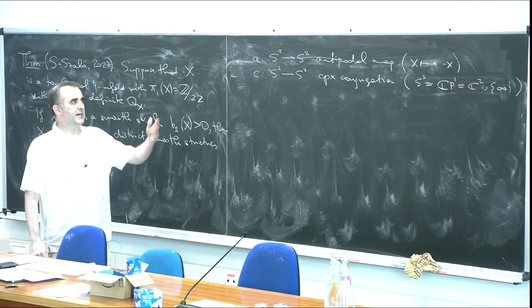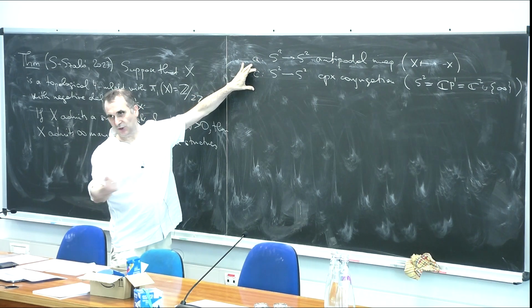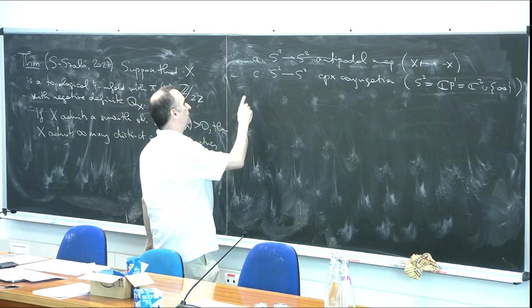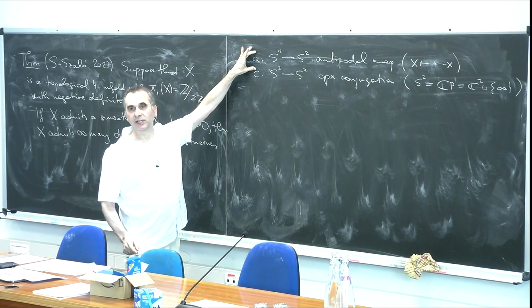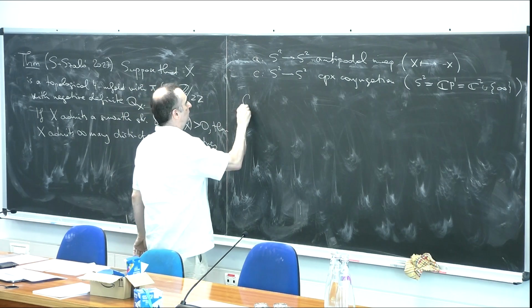Okay, so these are two involutions on S2. This is a fixed point free involution. This guy has a fixed point set, it's a circle, the real line or the real circle. And both are orientation reversing.